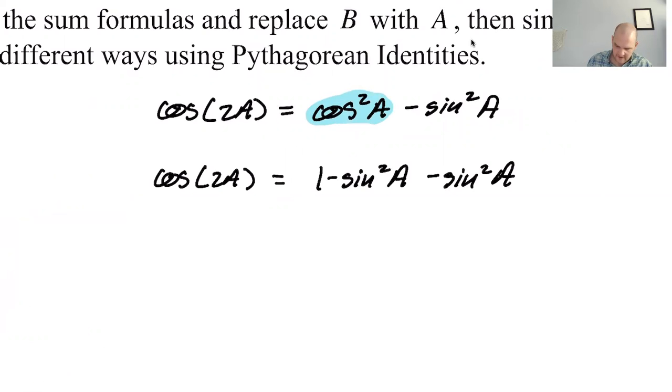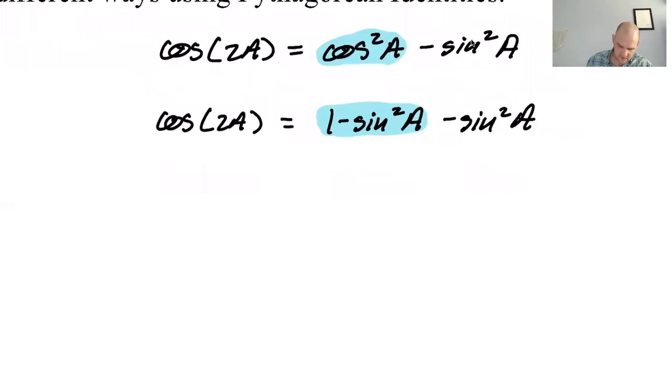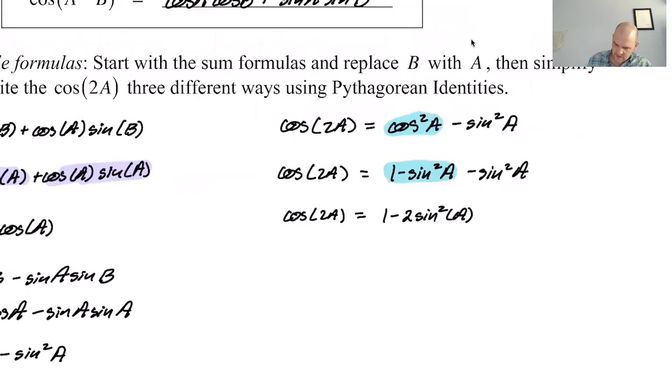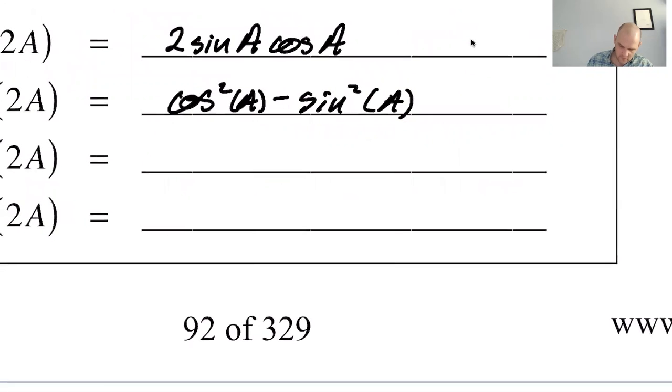So we replaced the cosine squared with 1 minus sine squared, which means the cosine of 2a can also be rewritten as 1 minus 2 sine squared of a. So let's put that in the box.